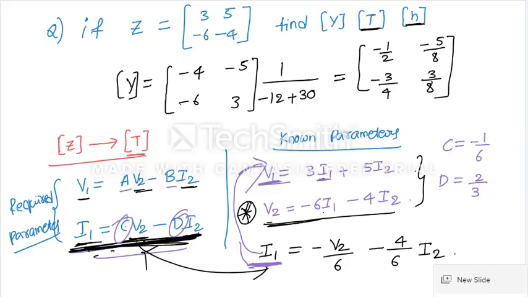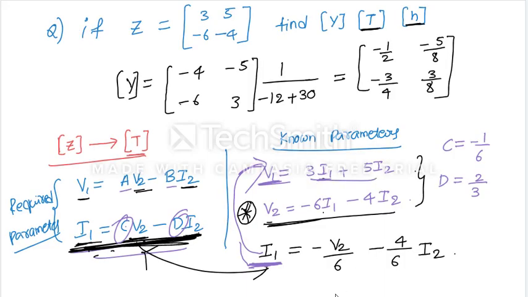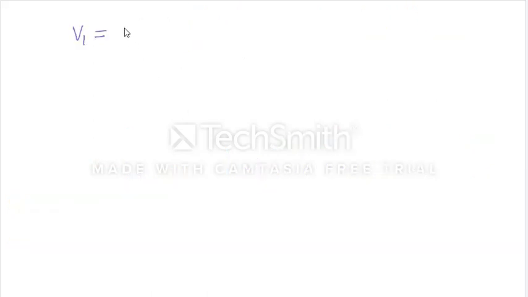Check it now. What can we do here? For this equation we have V1 is equal to 3I1 plus 5I2. And the other equation is I1 is equal to minus V2 by 6 minus 2 by 3 into I2.